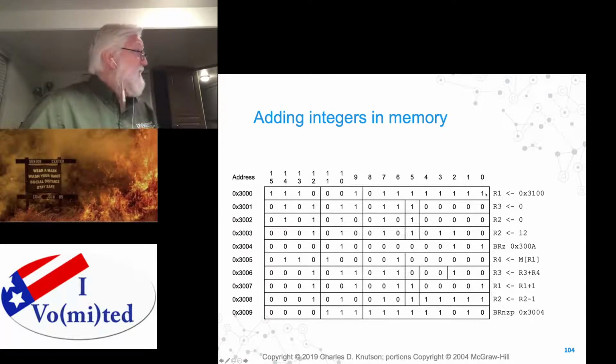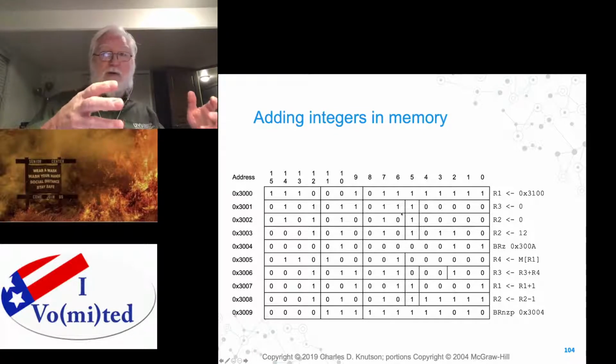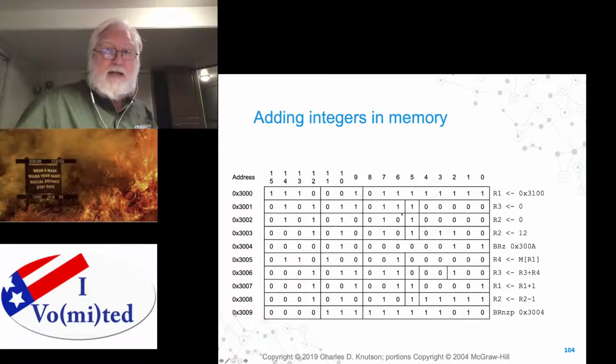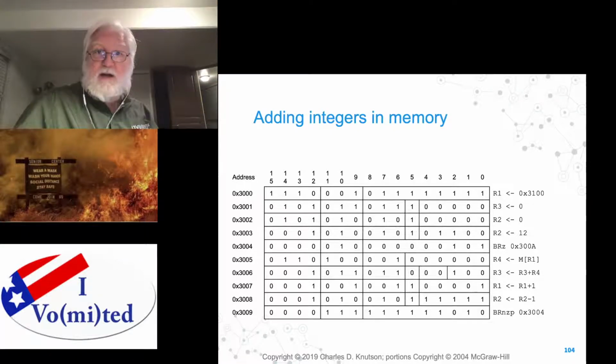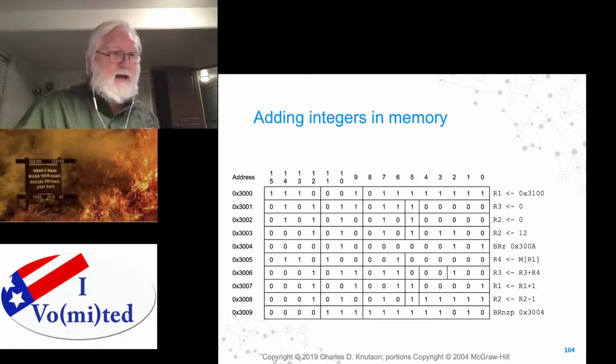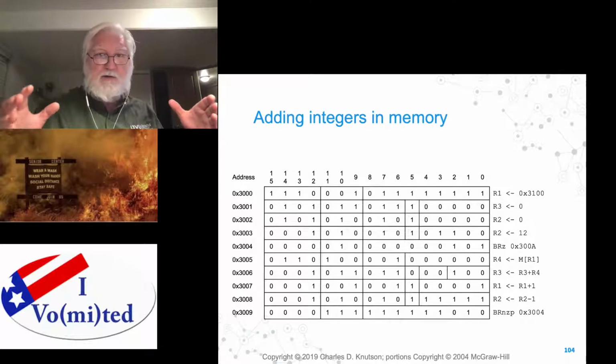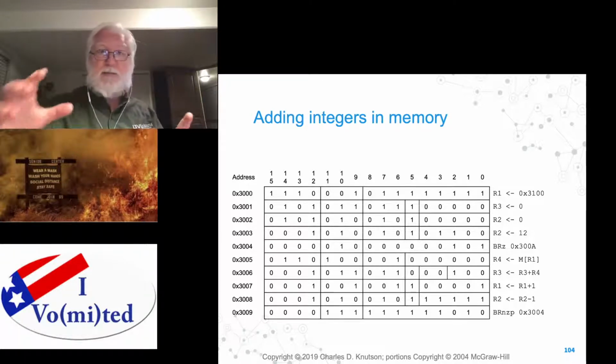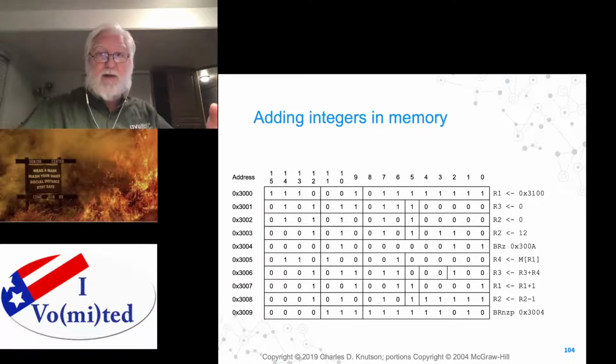If I had my act together, I would have already had those. We could just put this program in the LC3 as binary and walk through it. But what you don't get from that is the LC3 still gives you a view of everything from the assembly language view. You can drop it in as binary, but then you're going to get a view that isn't going to show you this exact view.